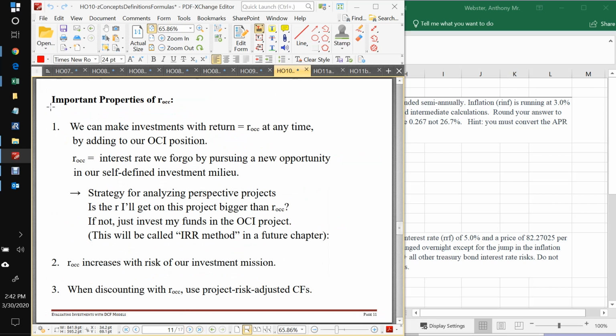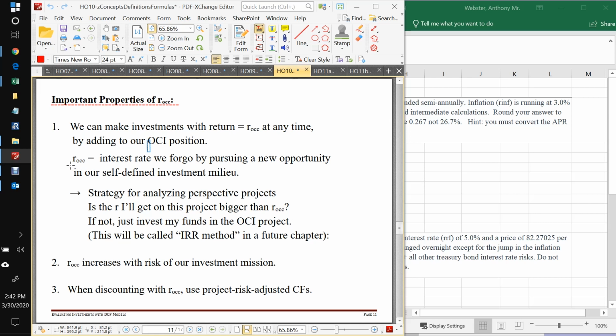Okay, so some important properties of our opportunity cost of capital, now that we have it. The beautiful thing about this model, the opportunity investment method, is that we can make investments with our return of opportunity cost of capital at any time just by adding to our opportunity cost investment position.